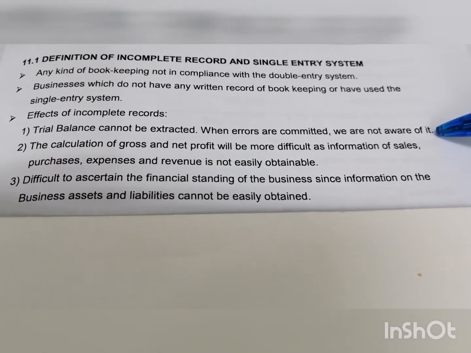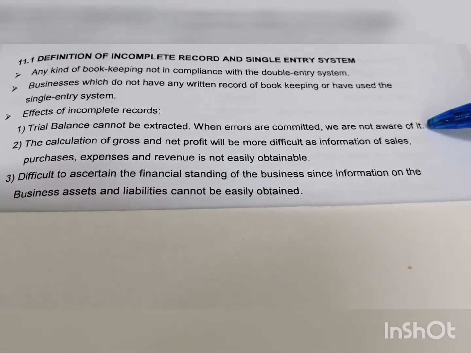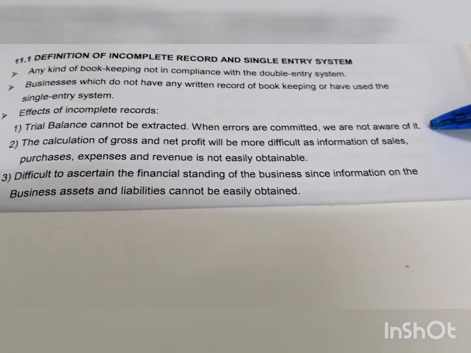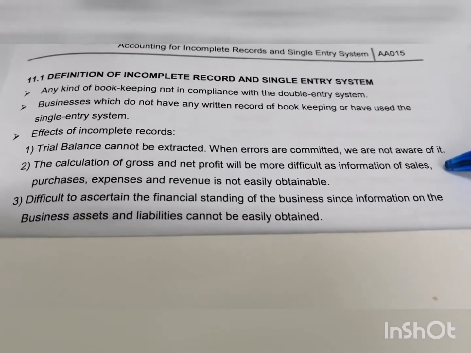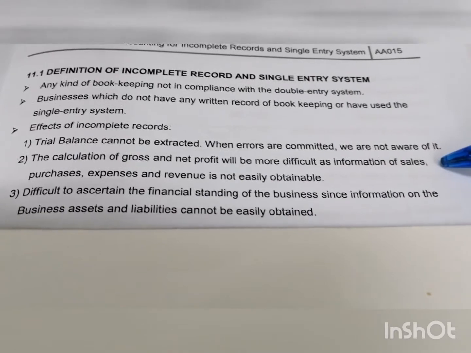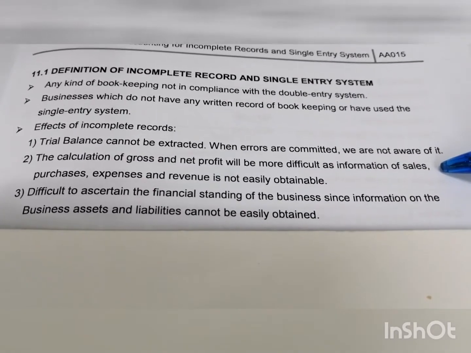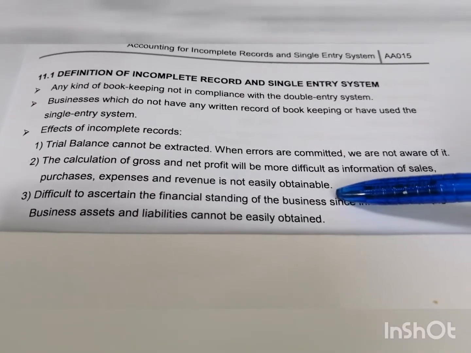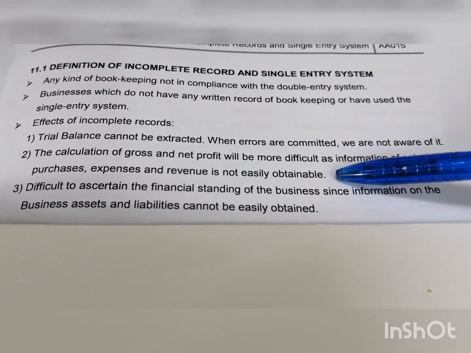The first effect is the trial balance cannot be extracted. When errors are committed, we are not aware of it. This is the first disadvantage of using single entry system. The second one would be the calculations of gross profit and net profit will be more difficult as the information of sales, purchase, expenses, and revenue is not easily obtainable.